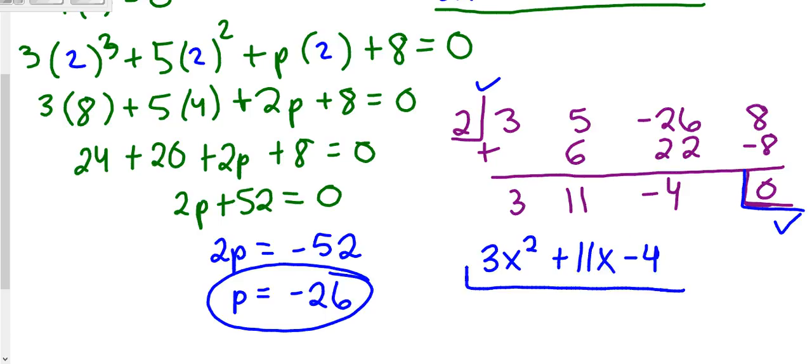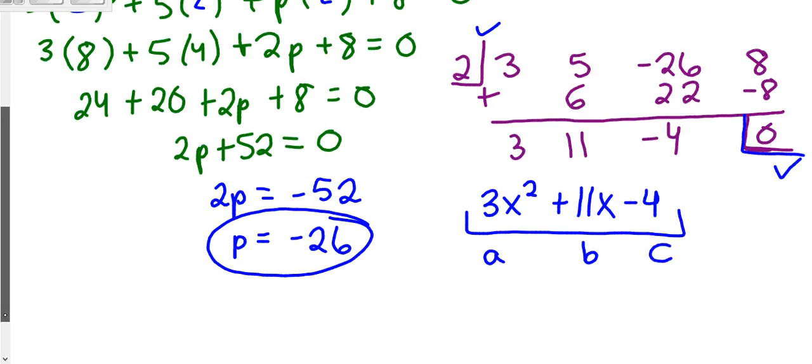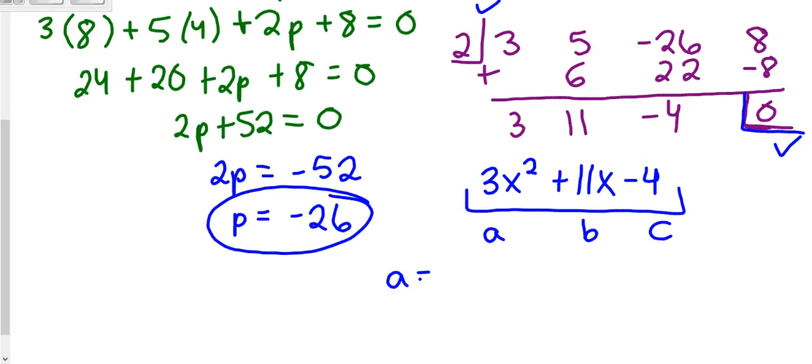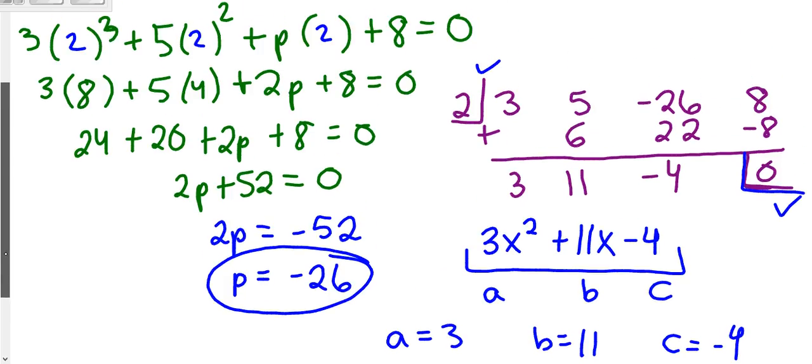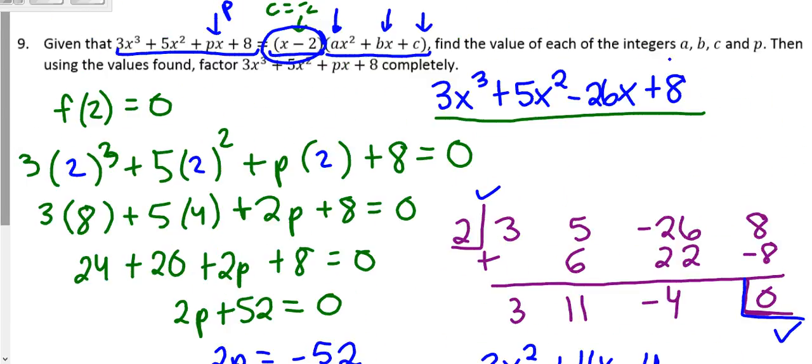So here are a, b, and c. That means that a is 3, b is 11, and c is negative 4. So we have just answered the first half of this problem. We have a, b, c, and p. Then it says, using the values found, factor the original equation completely.